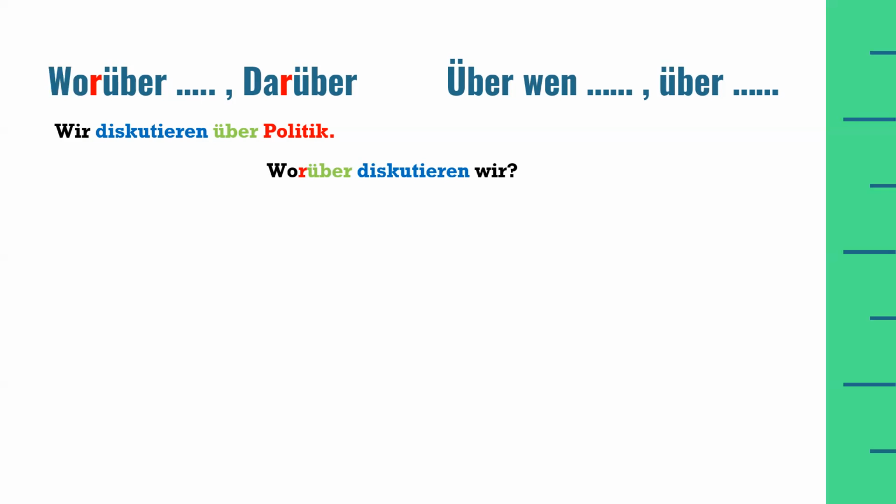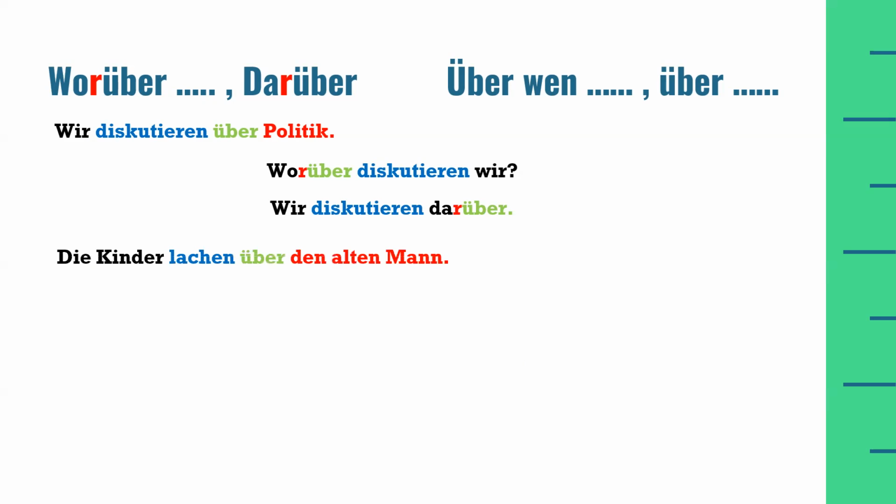Then it will be worüber diskutieren wir. Since über is a preposition that starts with a vowel, therefore we have to put an R between the wo compound and the preposition. And the answer will be wir diskutieren darüber. We are discussing about that. Now, darüber is referring to politics.